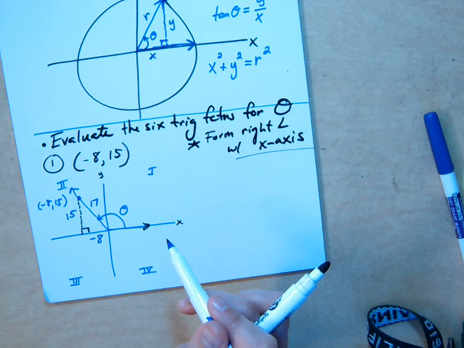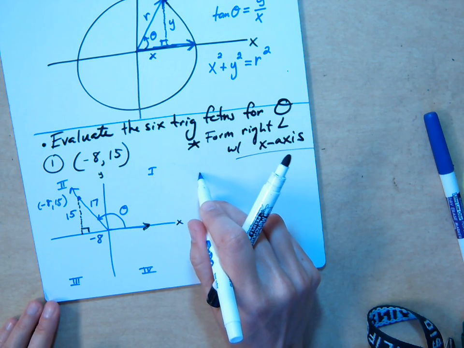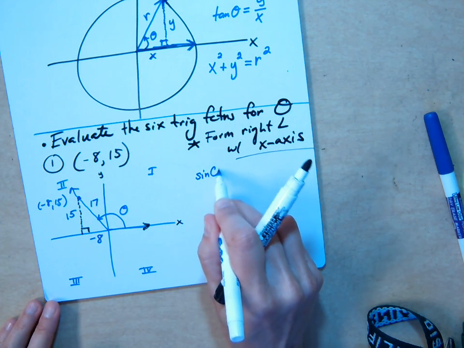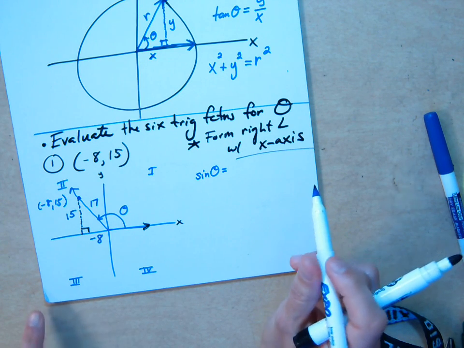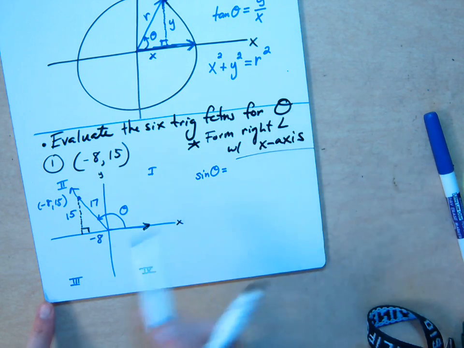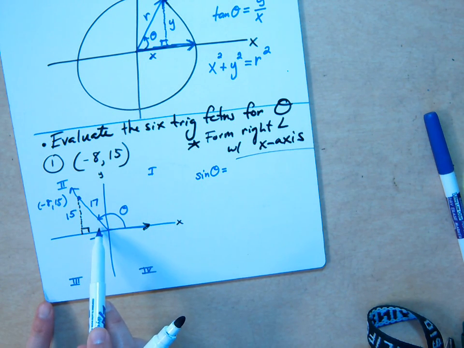So now we get to just write our trig functions. Sine of the angle: we're going to do opposite over hypotenuse. The angle you care about is the one formed with the x-axis, this one.